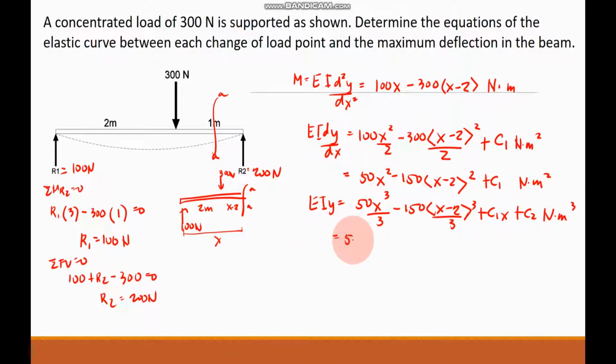Then simplifying it further, we have 50 over 3 x raised to 3 minus 50 (x minus 2) raised to 3 plus C1 x plus C2. So this is our deflection equation. But we can only complete this deflection equation if we are able to get the values of the constants C1 and C2.